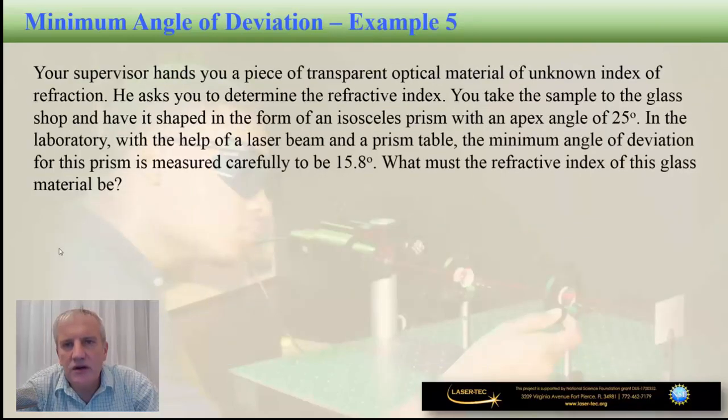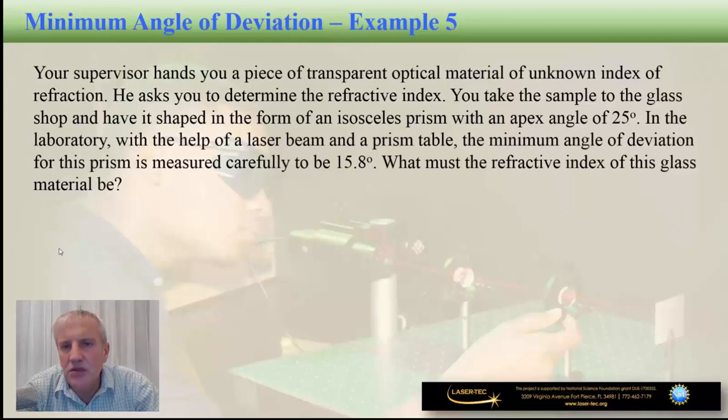So here's the numerical problem that sheds more light on the whole concept of refraction and the minimum angle of deviation. We have a specific scenario where you are working for a photonics company. Your supervisor hands you a piece of transparent optical material of unknown index of refraction and asks you to determine that refractive index.